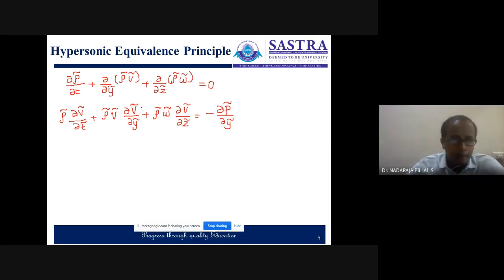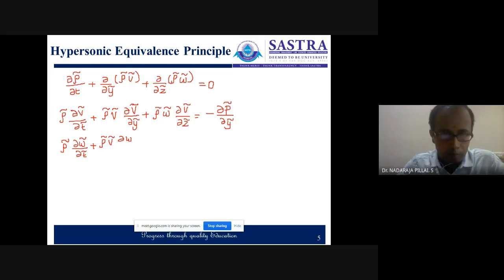Right. Similarly, let us write the z momentum equation, that is rho tilde dou w tilde by dou t tilde plus rho tilde v tilde into dou w tilde by dou y tilde plus rho tilde w tilde into dou w tilde by dou z tilde.